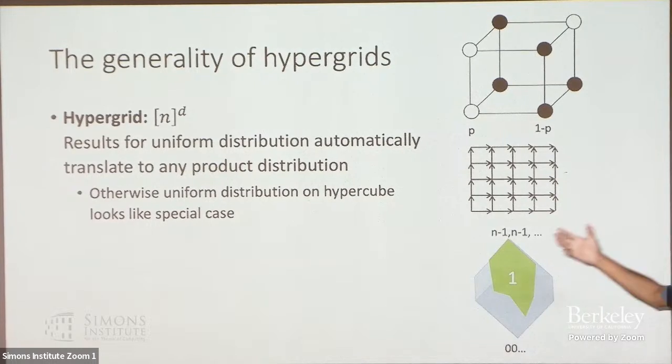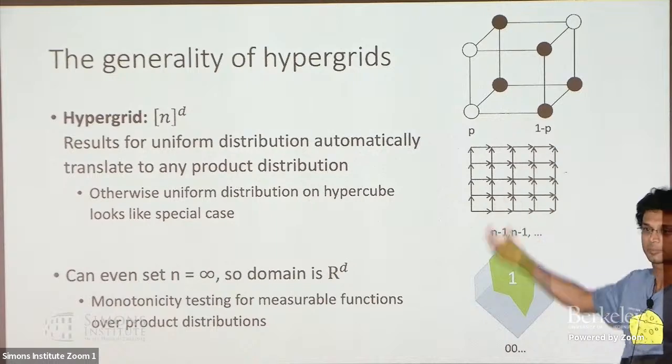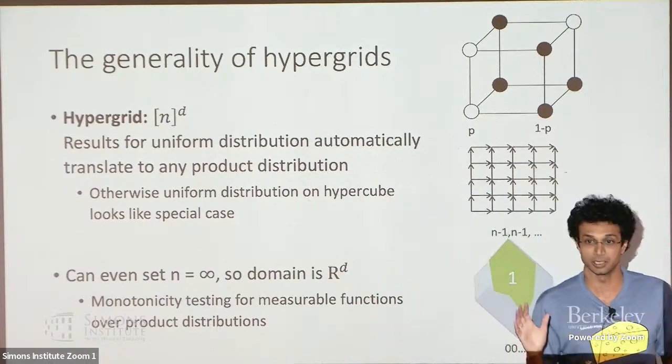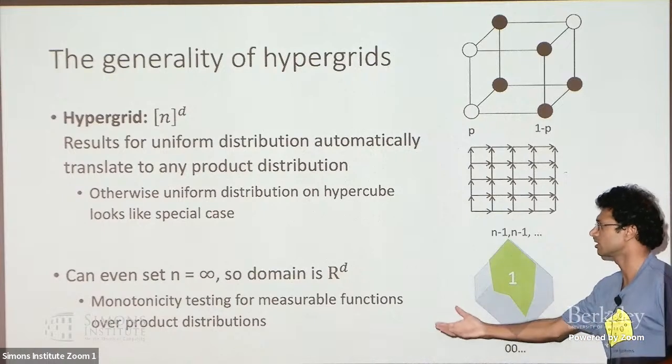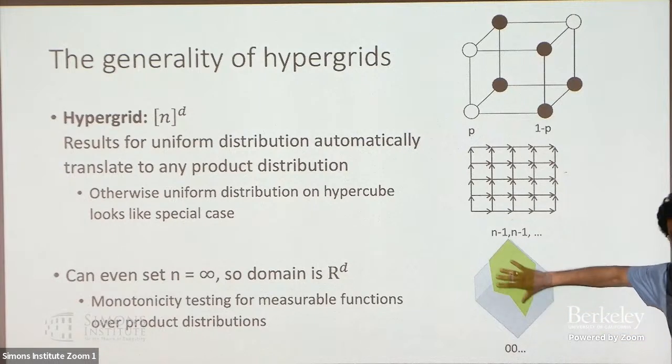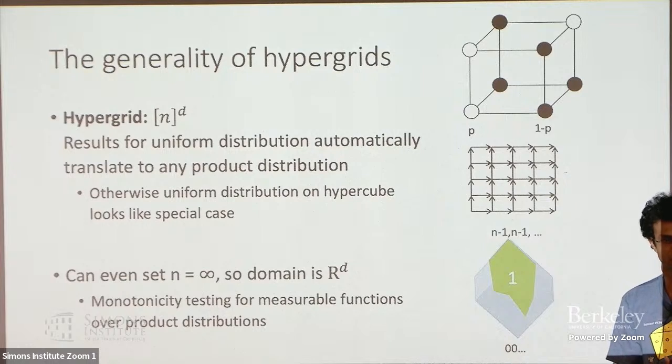So the fact that you can get this independence of n means that you can even set n to be infinity. So your domain is R to the d. And now you're doing monotonicity testing for measurable functions, like measurable sets, because you need to have some notion of measure so that you can actually define what symmetric difference is.